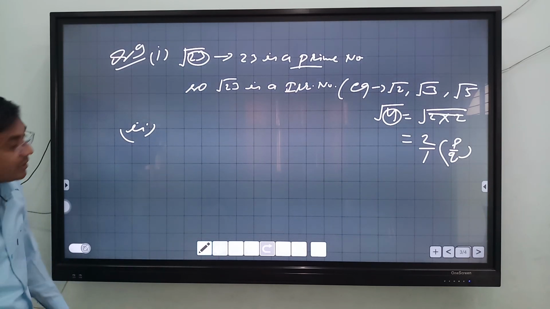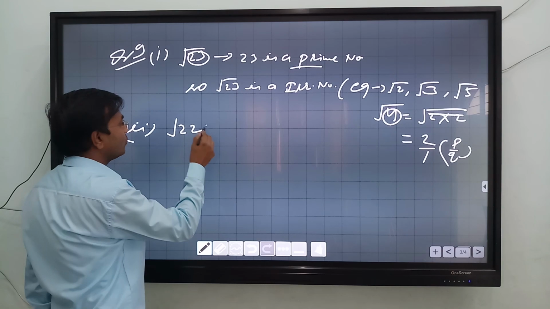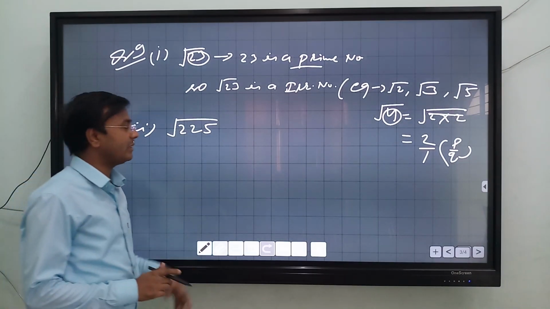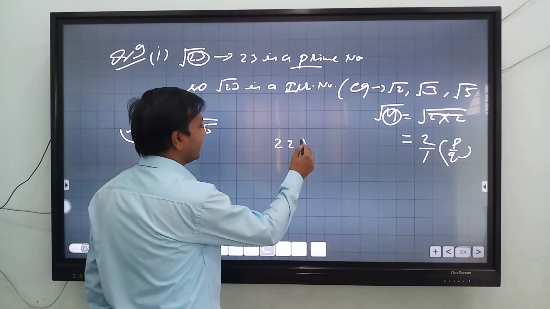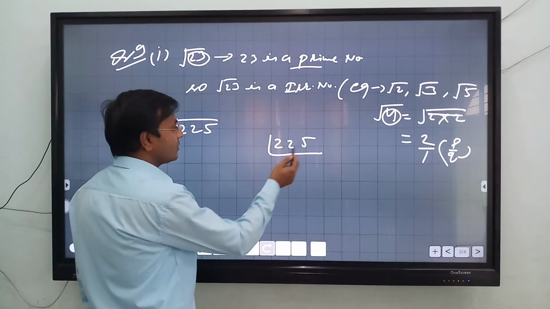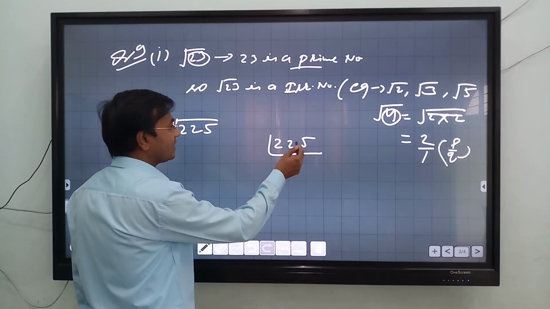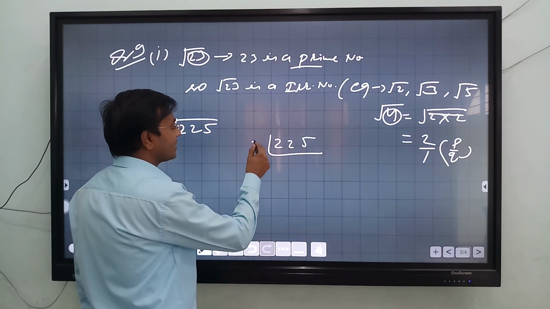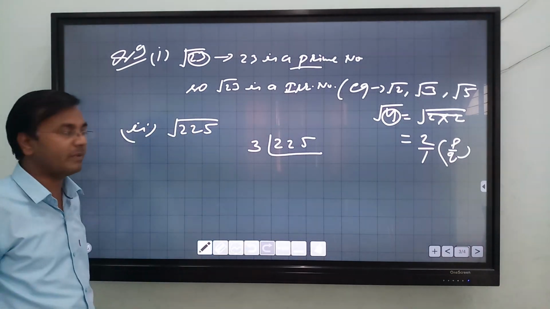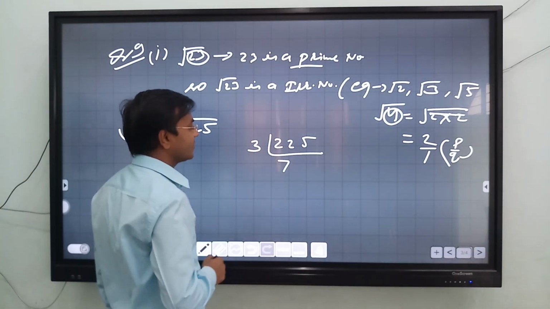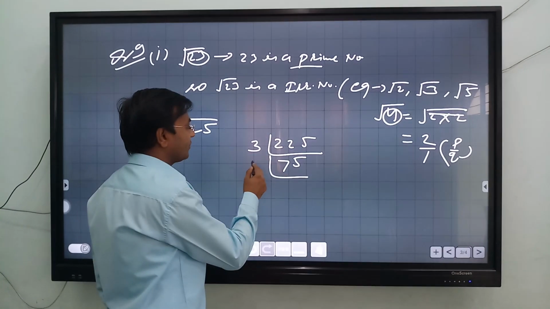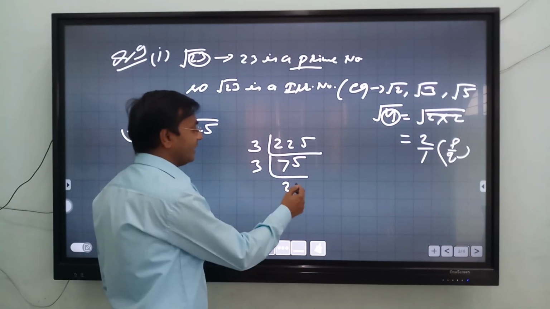Now the next part is under root 225. This time the number is large, so how will we solve it? We will solve it using the prime factorization method. Clearly the number is not divisible by 2, because 5 is at the end. Let's start with 3: 3 7s are 21, then 3 5s are 15, and 3 we can divide further.